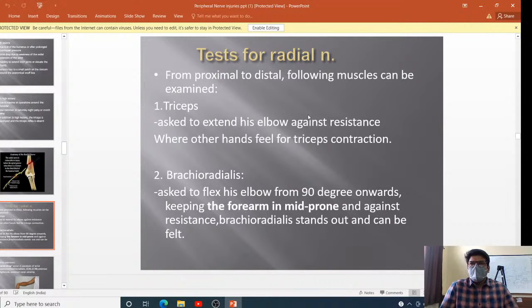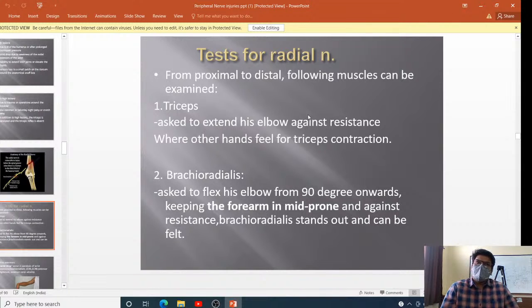The elbow is flexed to 90 degrees, keeping the forearm mid prone. The elbow is further flexed against resistance. If the brachioradialis is involved, it is a high lesion. If the brachioradialis is not involved, it is a low lesion.